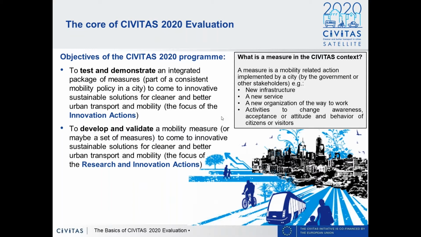Recently, we also added the very interesting approach of the RIA projects, the Research and Innovation Actions, where we mainly focus on 1 or 2 or 3 measures, or a type of measure.